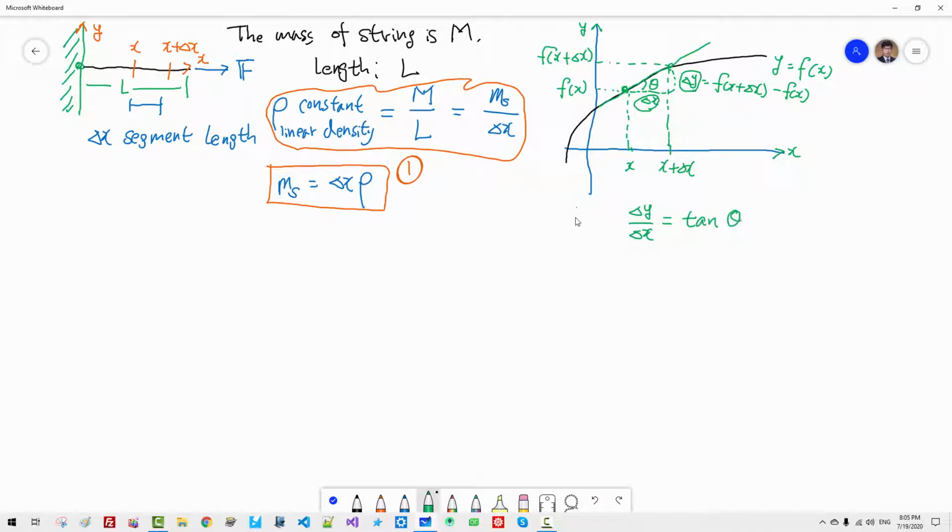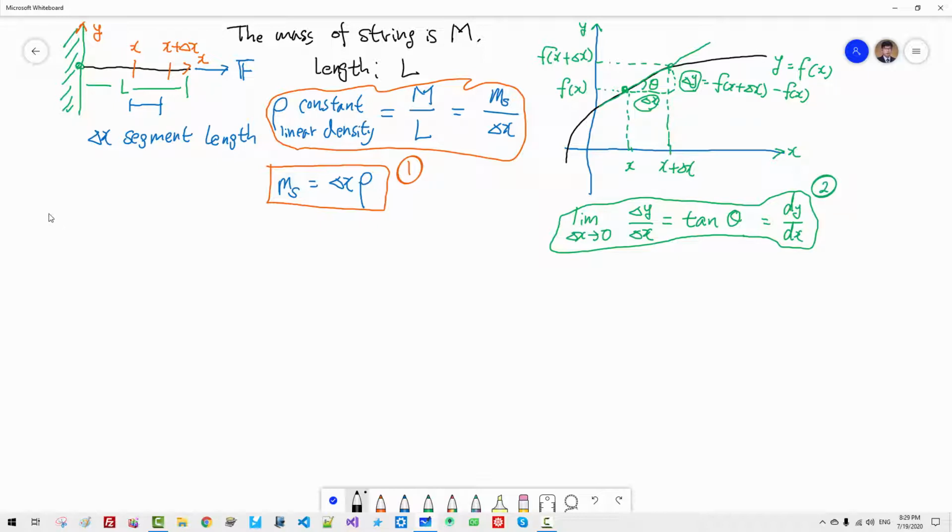If we take the limit as delta x approaches 0, then this is dy over dx. This is the definition of derivative. This is our equation 2.